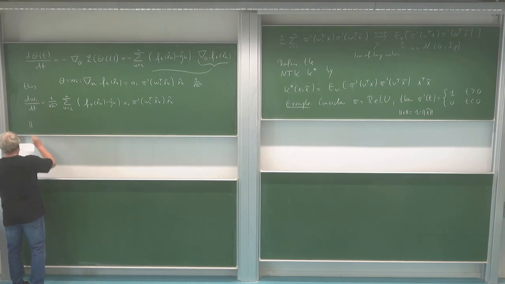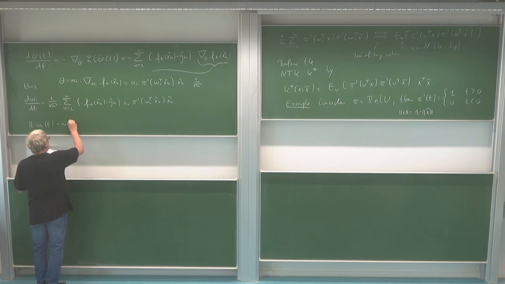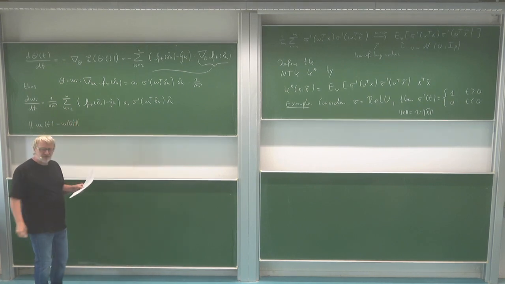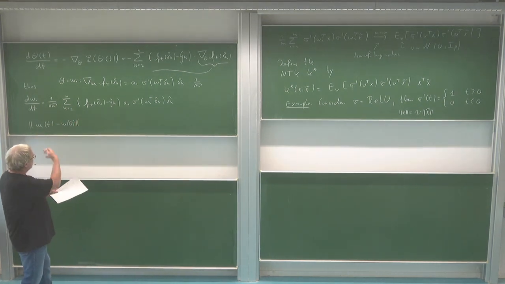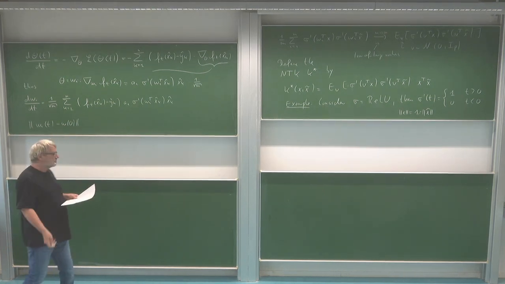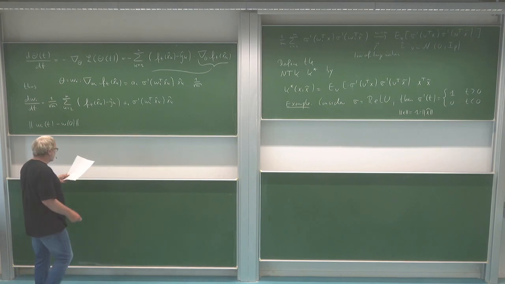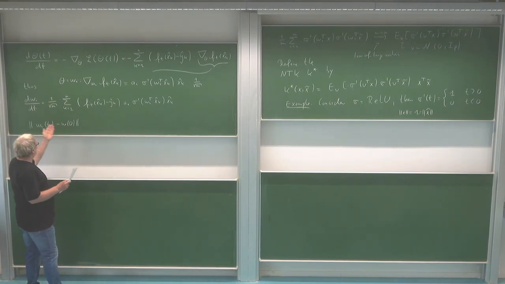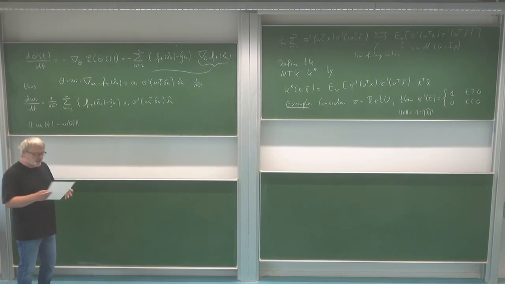So what I want is I take the weight at time t minus the weight at time 0, and I want to see how much this has changed. Because I have the differential equation, I know the derivative of the change, so I just calculate the change from 0 to t by integrating the derivative of the change.